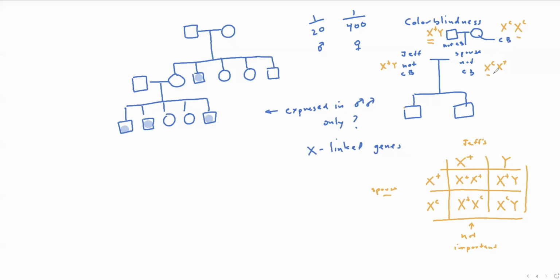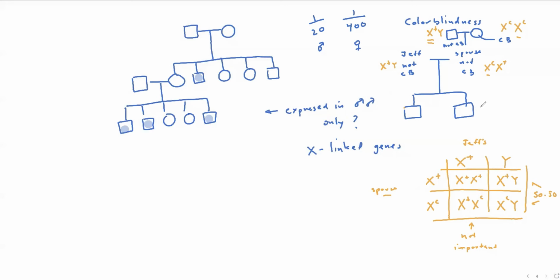So what's the likelihood of either son being colorblind? Well, if you're looking at this, these two possibilities are equally likely. So there's a 50-50 chance. There's a 50% likelihood that either son is going to be colorblind.